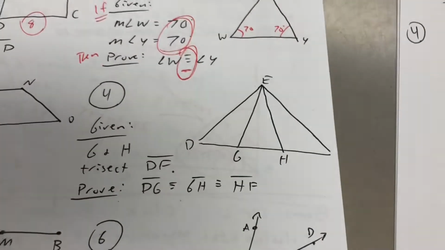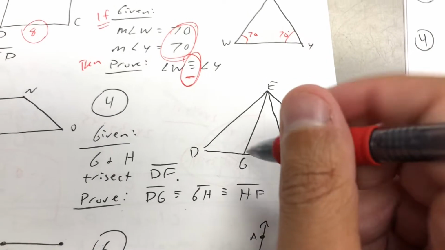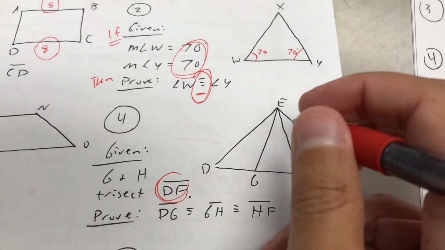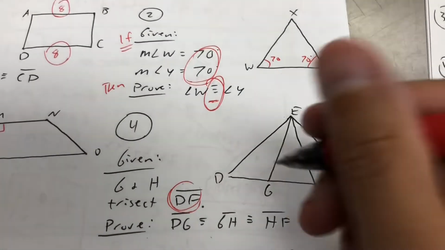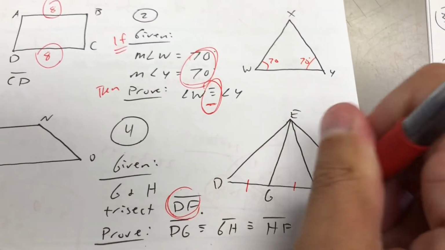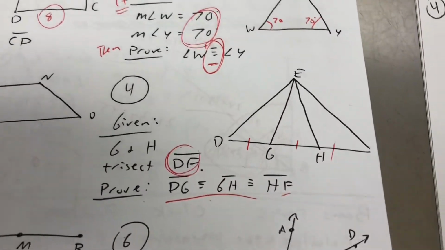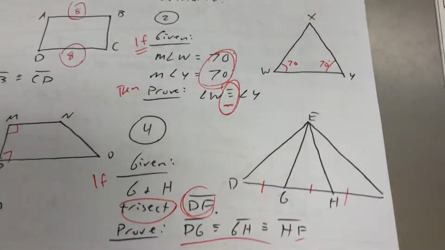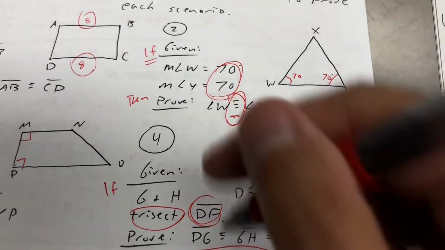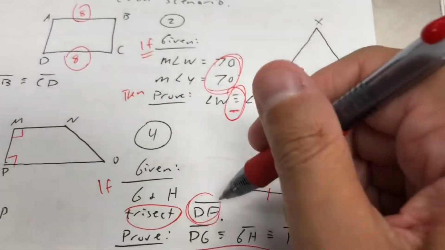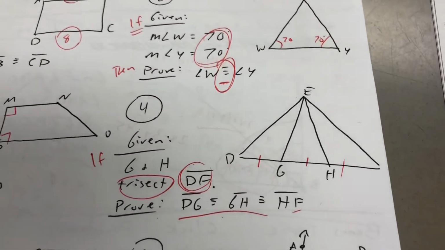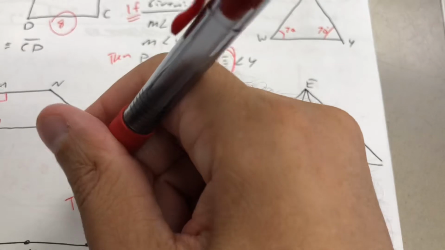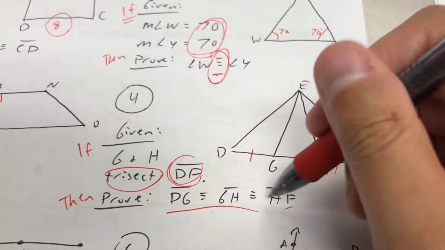All right, what's happening here? G and H are trisecting the segment. Okay, notice it's a segment being trisected, not an angle. So if the segment's trisected, that's going to give me congruent segments, and that's what we can see down here. Okay, so same kind of thing. We want to have an if statement using the vocab, saying something about trisecting, probably points trisecting a segment, okay? And then we want to conclude in our then something about getting some congruent segments.